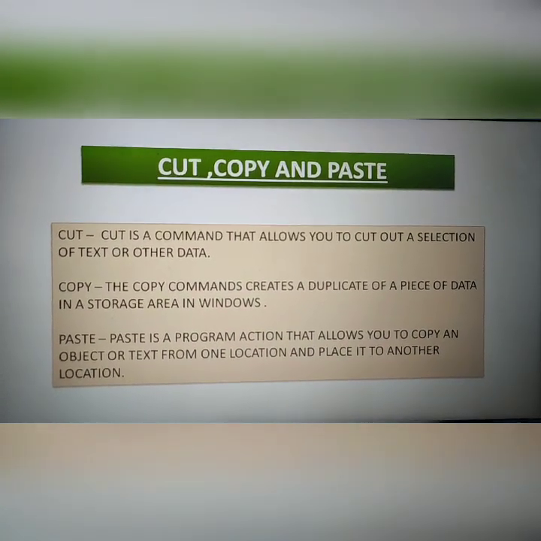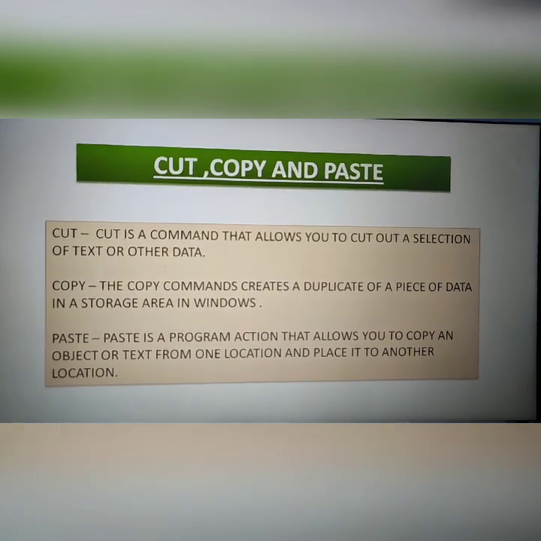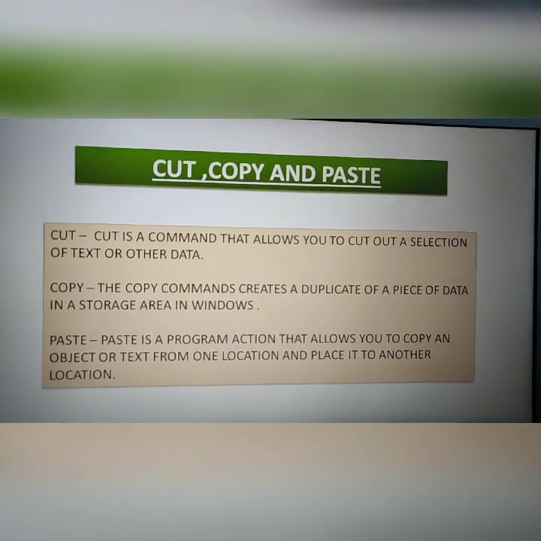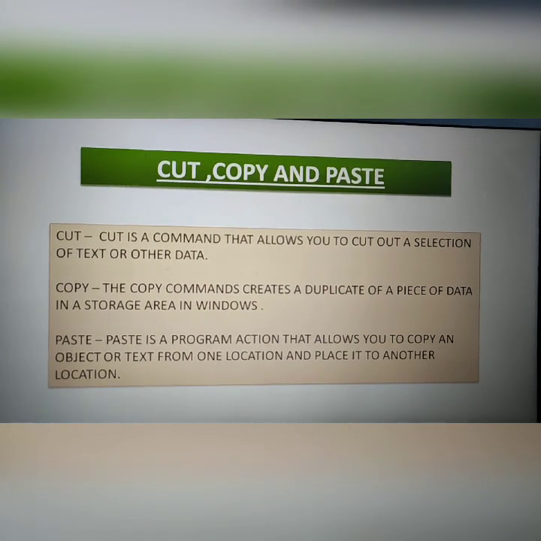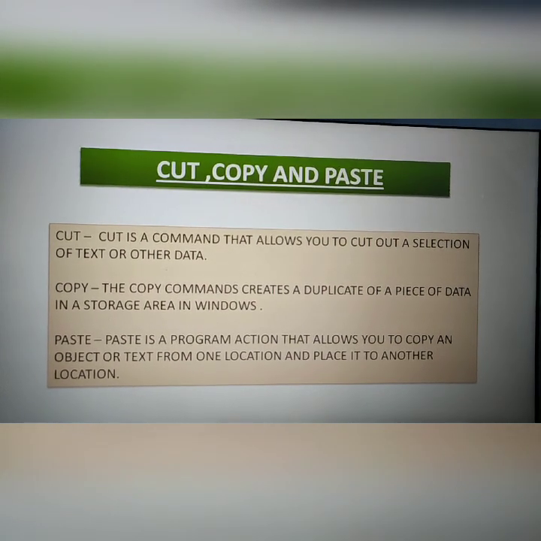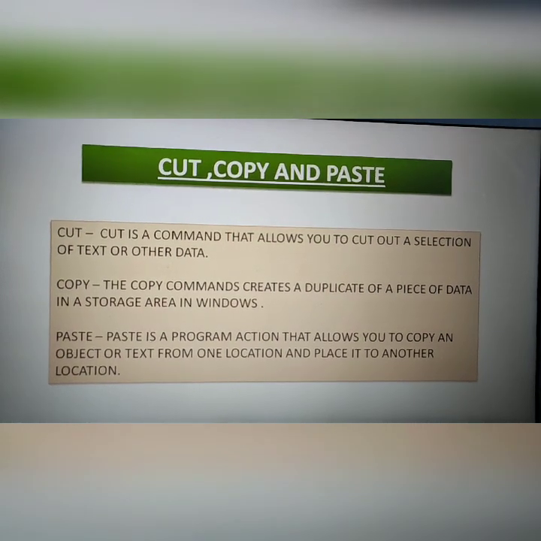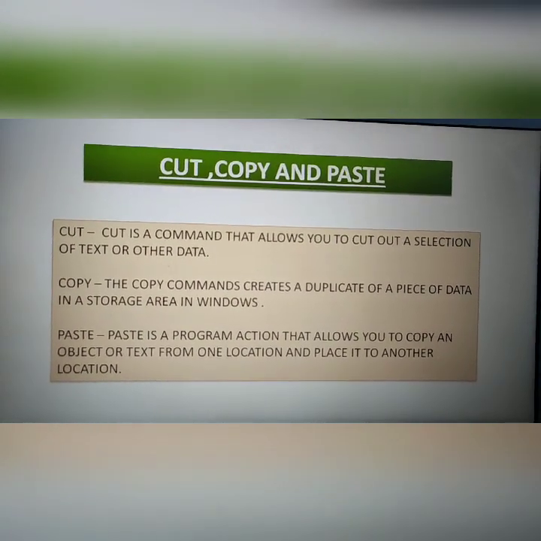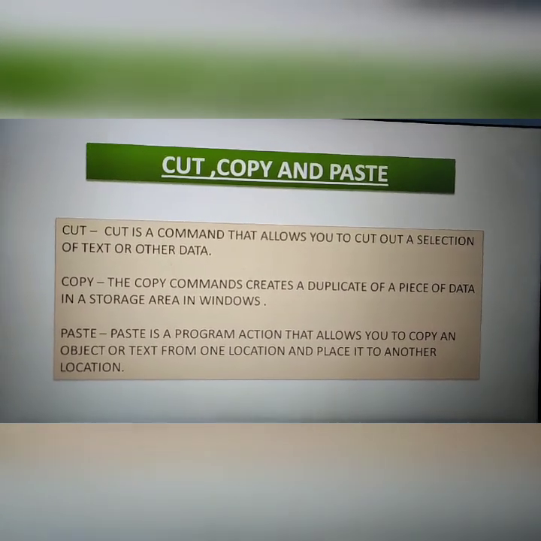to another location. We know that cut is a command, and this cut command removes the selected data from its original position. Copy means what? The copy command creates a duplicate of a piece of data in a storage area in Windows. Means the copy command creates a duplicate of the original content.